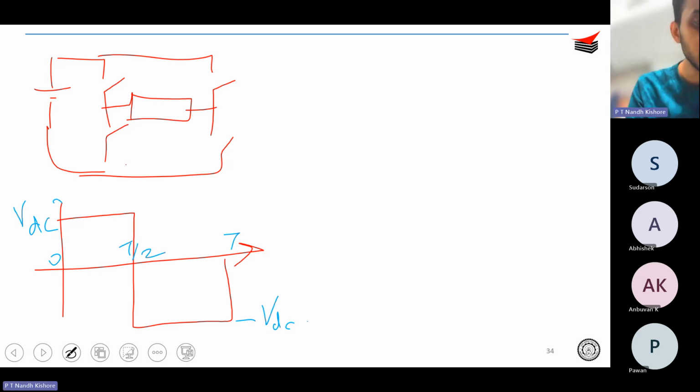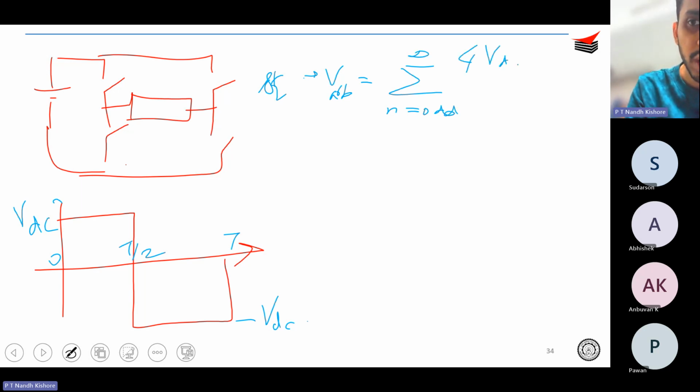As I told earlier, this can be resolved into its components, right? Any square wave can be resolved as, so V naught or VAB in this case is going to be sigma n equal to odd to infinity, 4 VDC by n pi sine of n omega t plus phi.